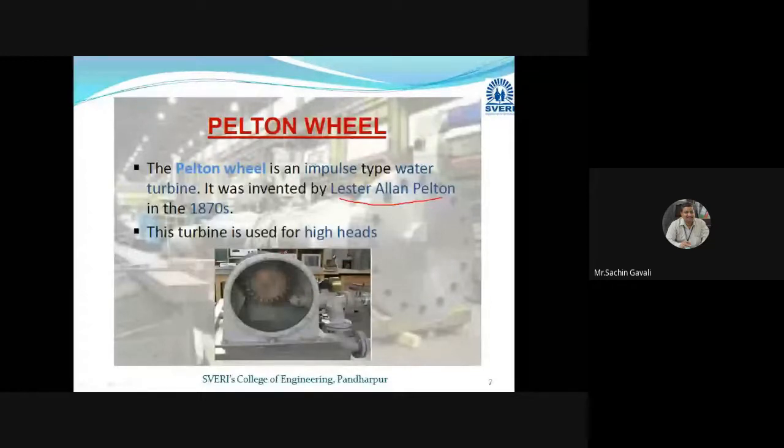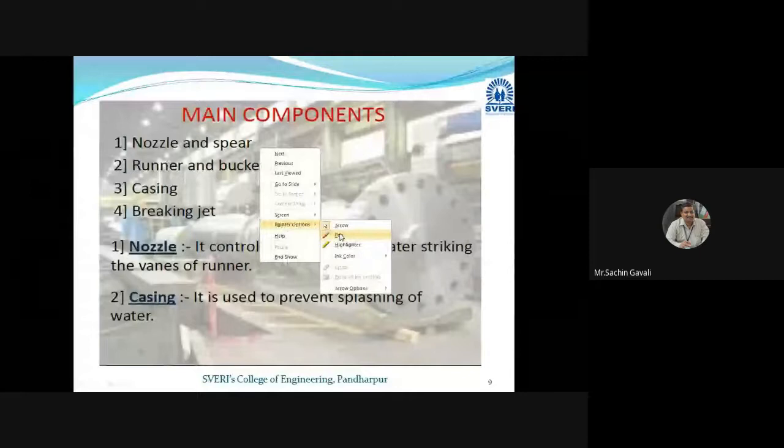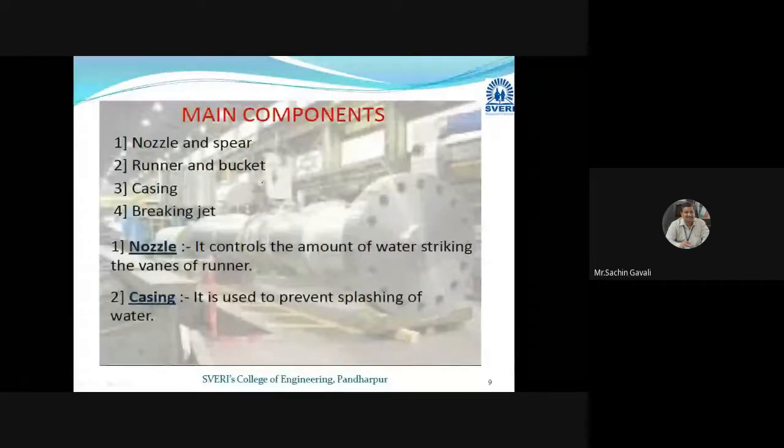The components of the Pelton turbine are the nozzle and spear, runner and bucket, casing, and braking jet. These are the four important components of the Pelton wheel turbine. The nozzle controls the amount of water striking the vanes, and the speed. The casing is used to prevent splashing of water.